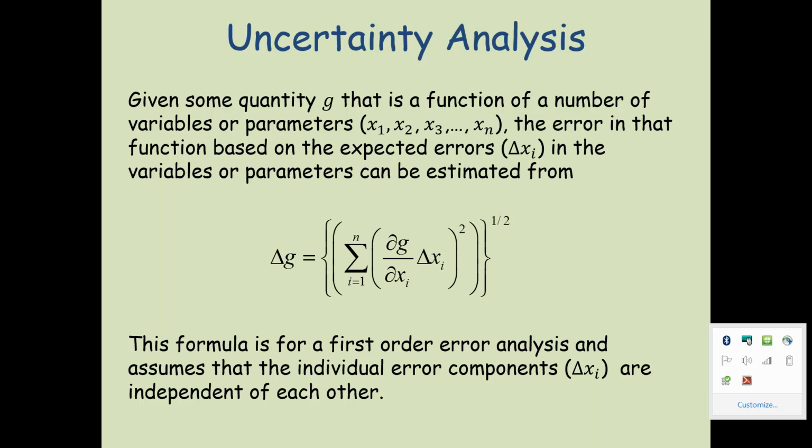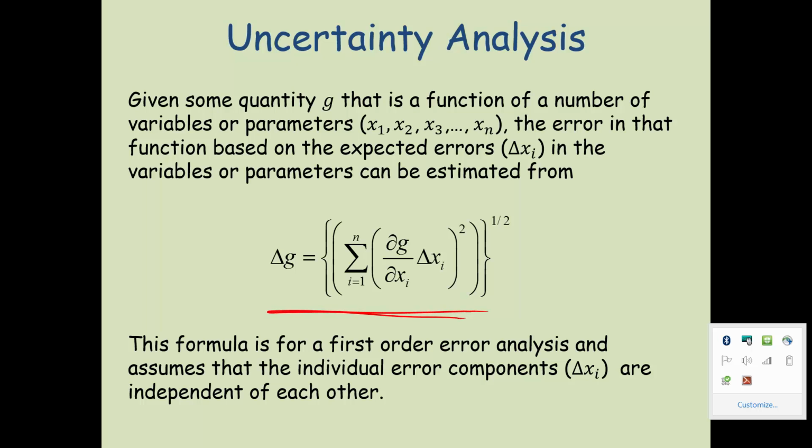So G is just some function, and it's a function of the variables or parameters x1, x2, x3 up through xn. The error in that function, that is the error in the value of G, based on expected errors in the values of the parameters and variables, the xi's, can be calculated with the formula that's shown here.